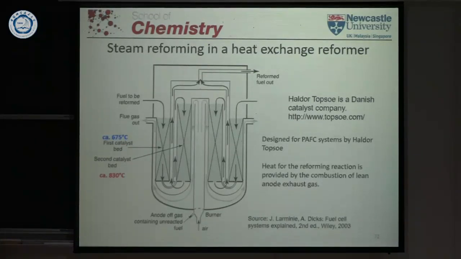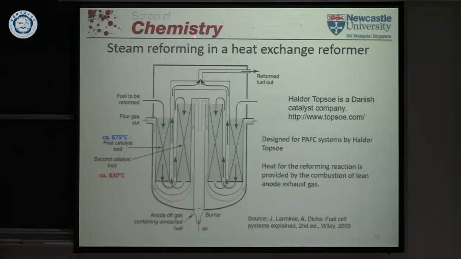And this is a system that is even different. It's more a macro system. Steam reforming and a heat exchanger reformer, that's a concept that had been developed by Haldor Topsoe. Haldor Topsoe is a Danish catalyst company, very active in gas processing and in refinery processes.